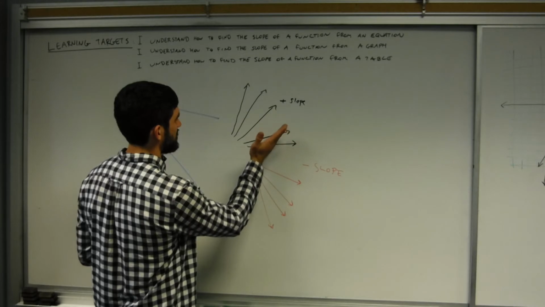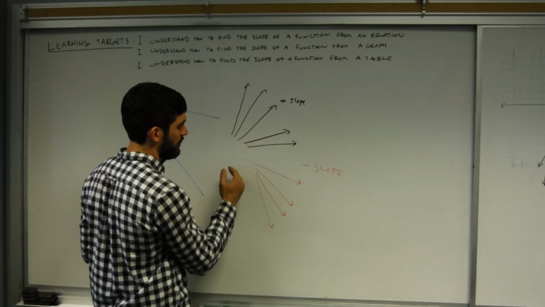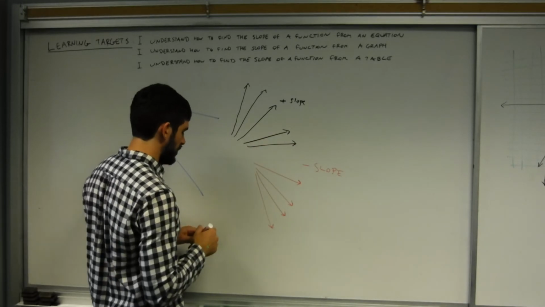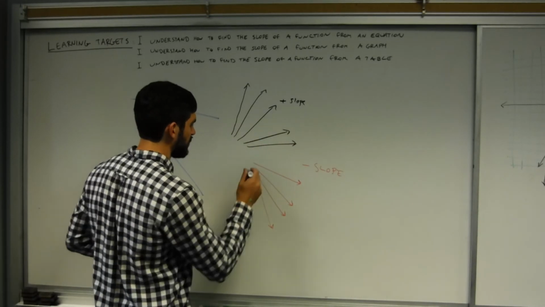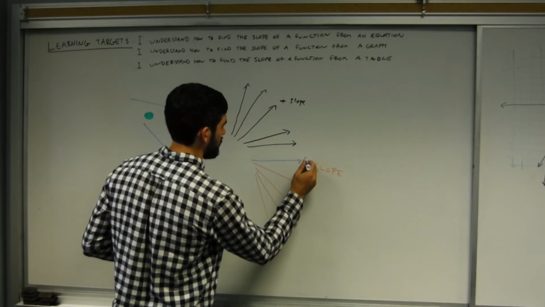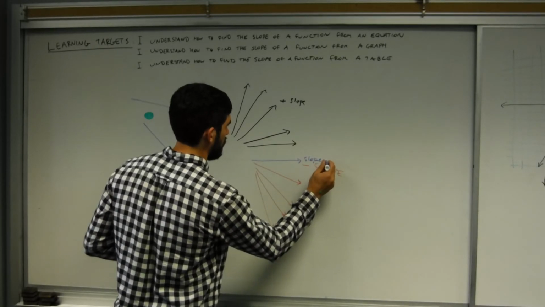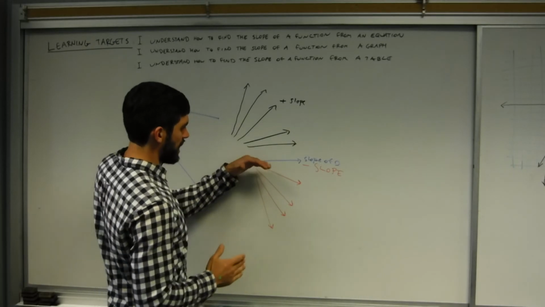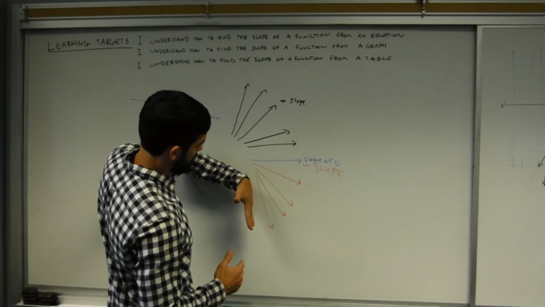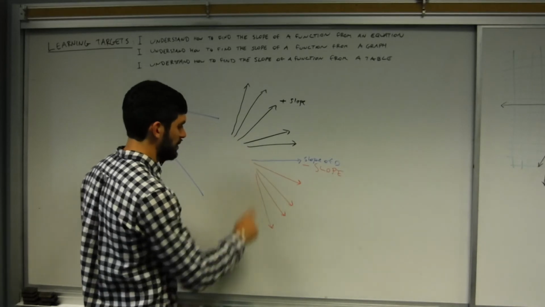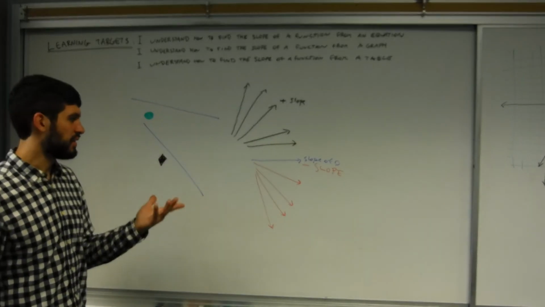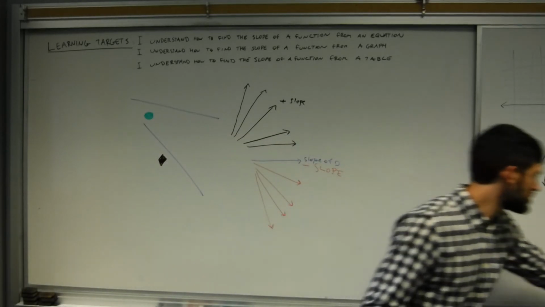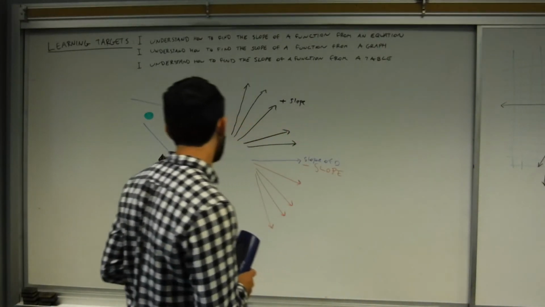As slopes get steeper, they get more positive, and a horizontal line is flat, with a slope of 0. As slopes get more negative, they get steeper in the negative direction until you have a vertical line going straight down. So that's what slope is.